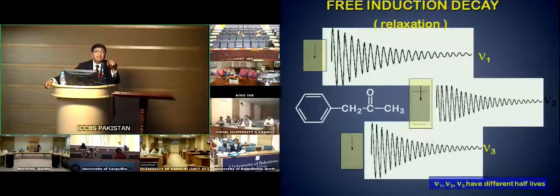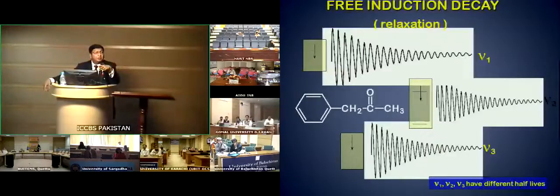Always remember that you have a detector on the XY plane, and I say that your detector is on Y. What you would do? You give a 90x pulse because you cannot detect your proton on the longitudinal axis.